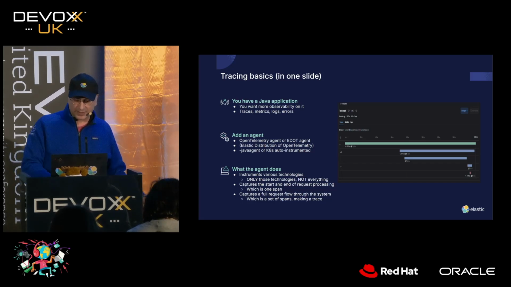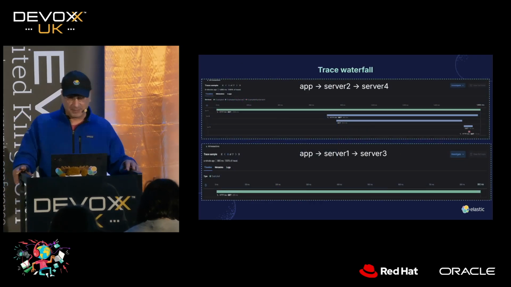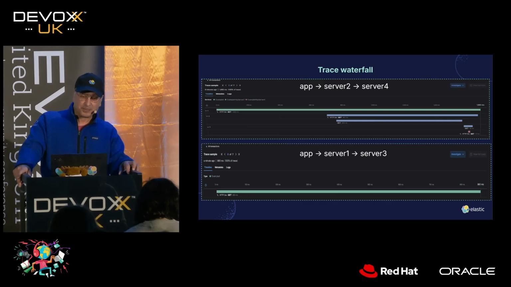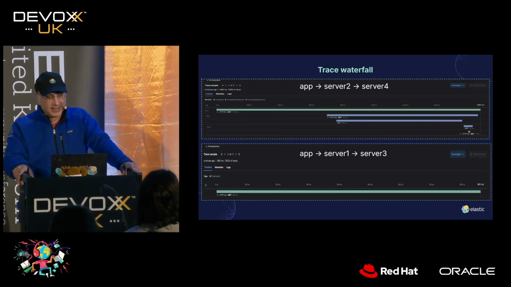So it's not everything. If I go over to look at those traces in a bit more detail, here's two of them. This is an app, and it's sending a request to server 1 and server 2. Those servers send their requests on: server 2 sends to server 4, server 1 sends to server 3.